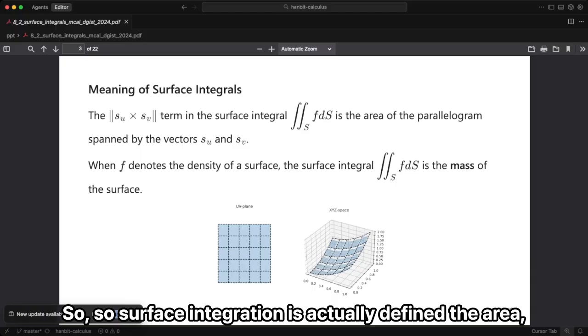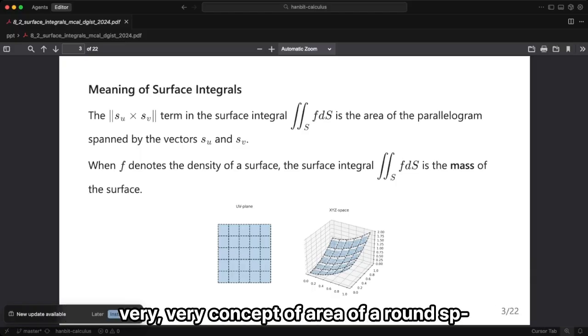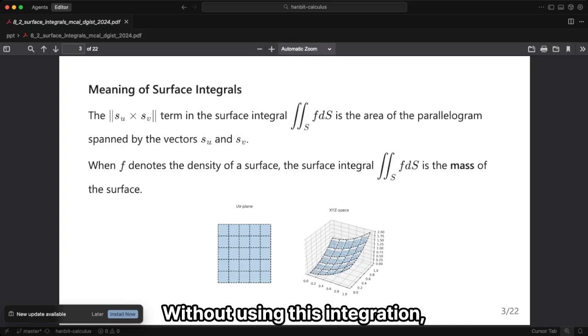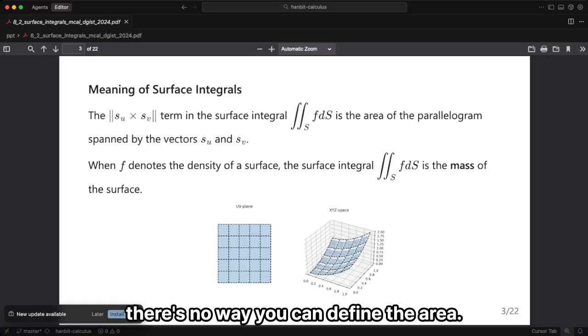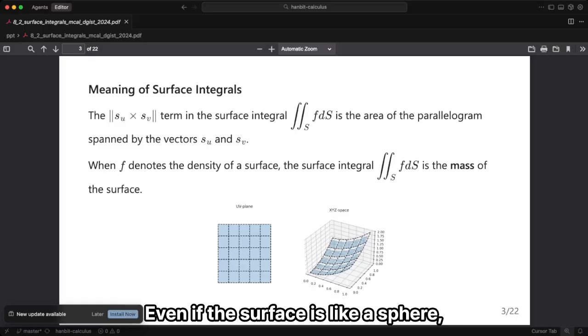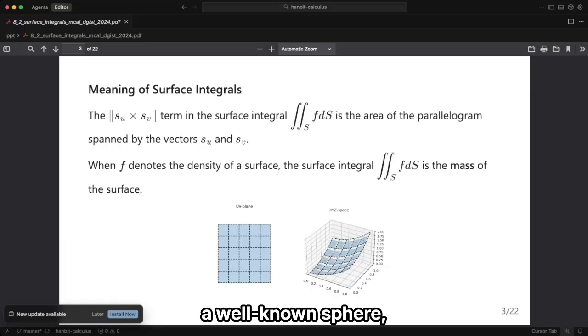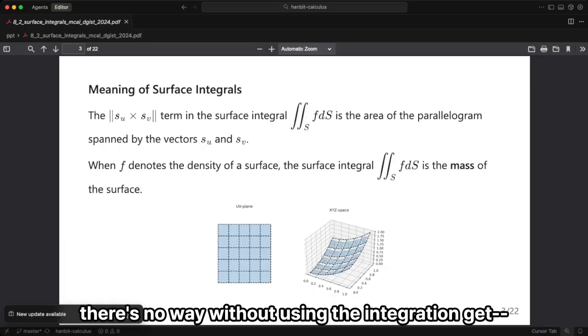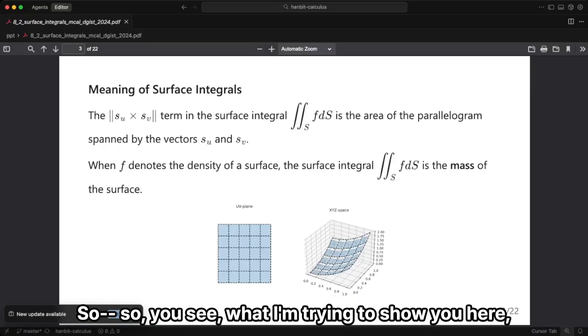So surface integration is actually defining the very notion, the very concept of area of a round surface in 3 dimensions. Without the concept of integration, there's no way you can define the area. Even if the surface is a well-known sphere, there's no way without using integration to get the area.